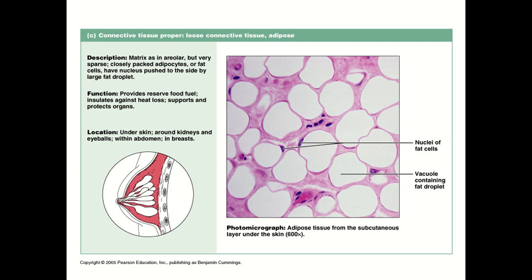It functions to reserve food fuel, to insulate against heat loss, and also to support and protect organs. You can find it under the skin, around the kidney and the eyeballs, within the abdomen, and also in the breast.